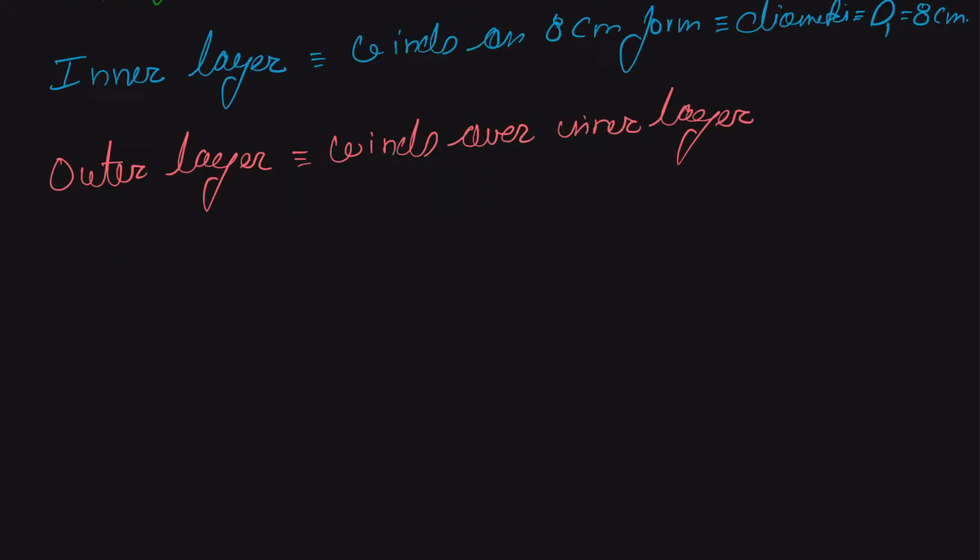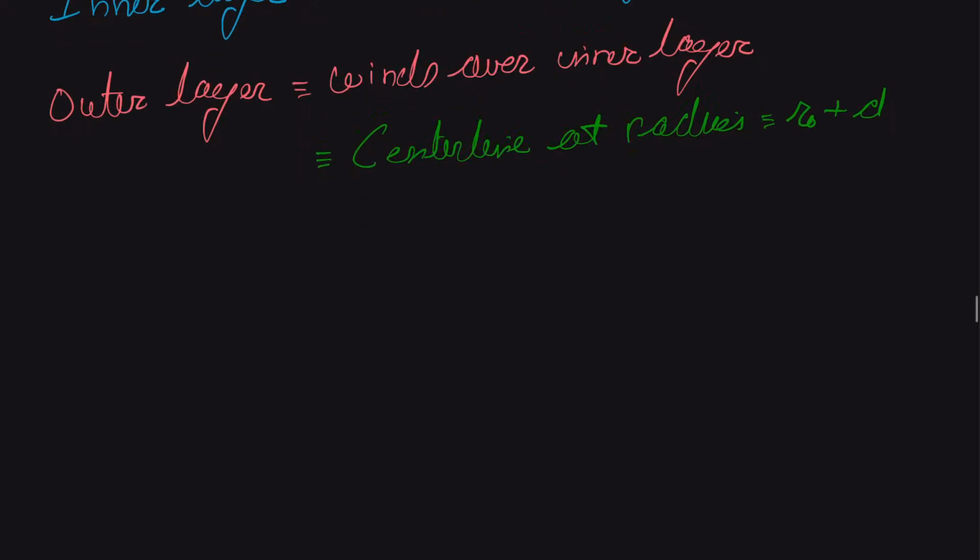Therefore, we can say that the approximate radius, or we can write this as the center line radius, is R0 plus T. Okay, these parameters are given to us. R0 is given to us as 4 and T is given to us as 0.163, and this comes as 4.163 centimeters.